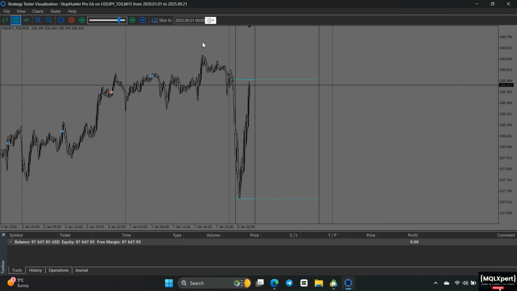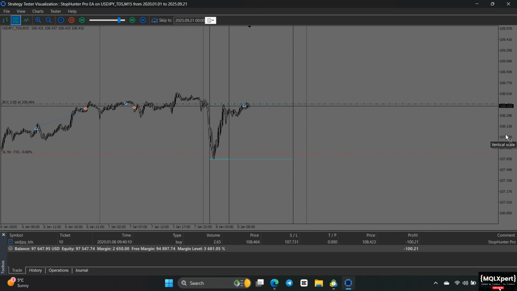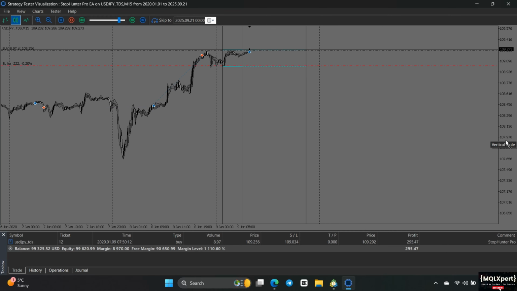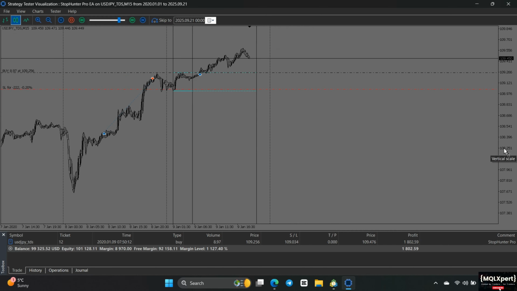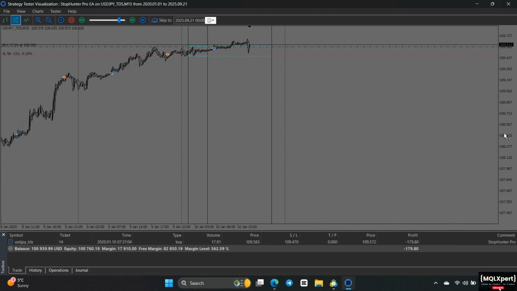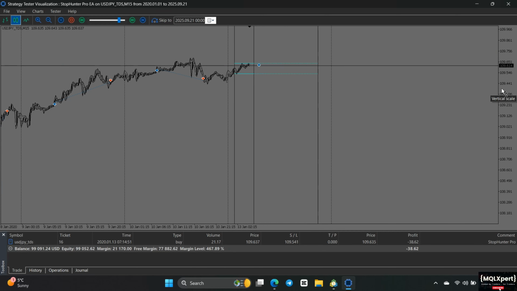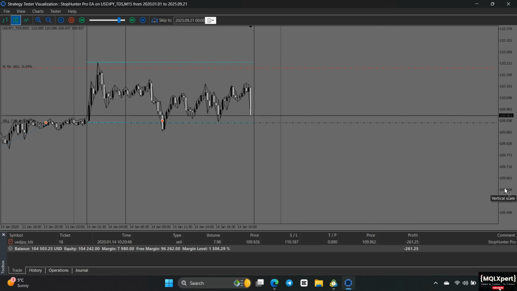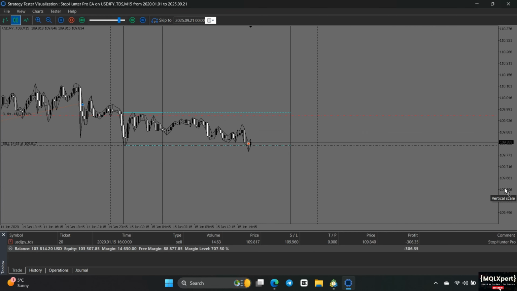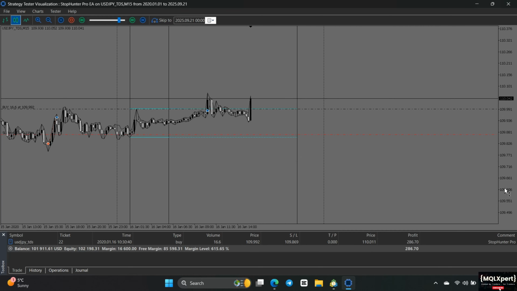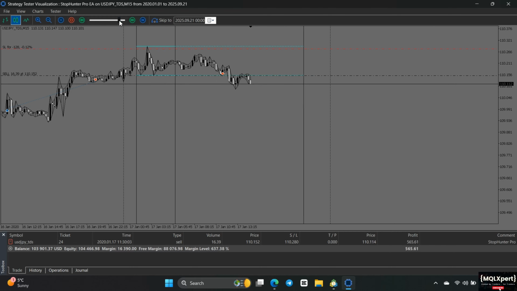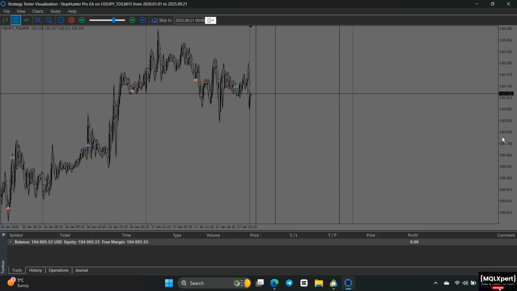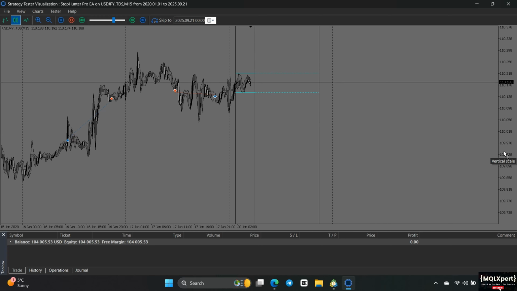Just zoom this a little bit. It's very hard to keep the graph still in one place.